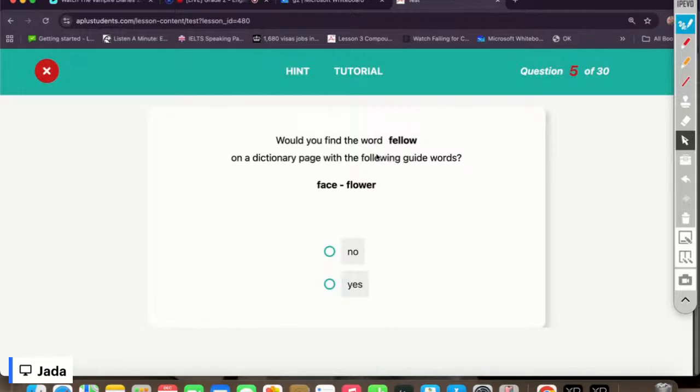Then would you find the word fellow on a dictionary page with the guide words face, flower?